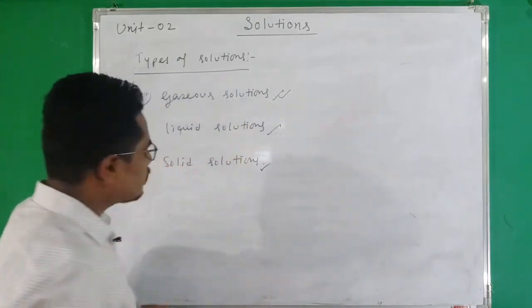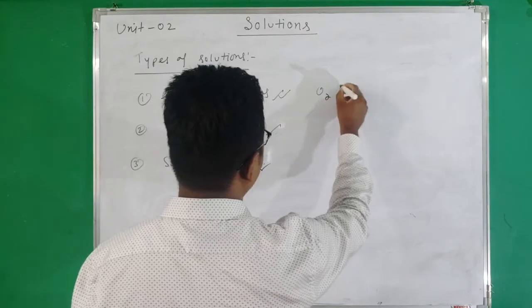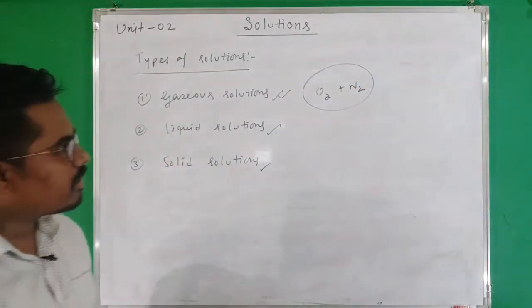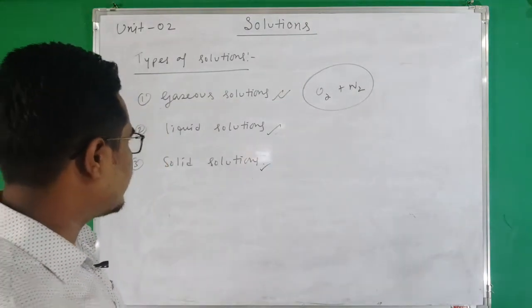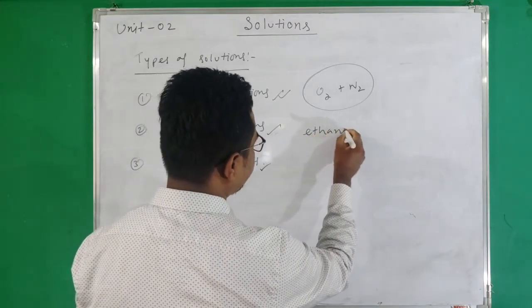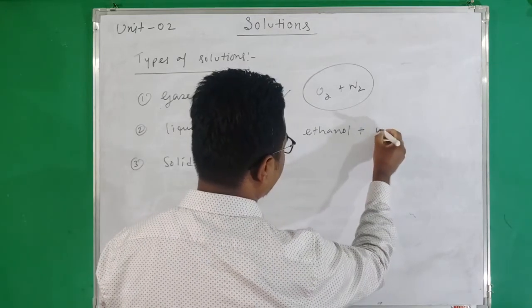First, in case of gaseous solution, we can take the example of a mixture of oxygen and nitrogen. We have a mixture in which oxygen and nitrogen gases are present. That is an example of gaseous solution. Again, in case of liquid solution, I will take the example of a mixture of ethanol and water.